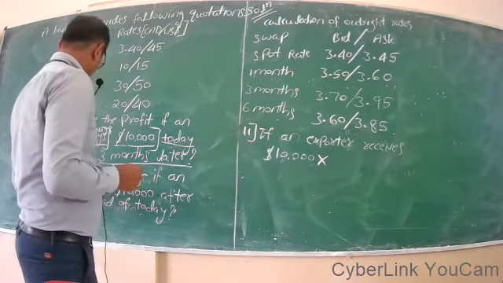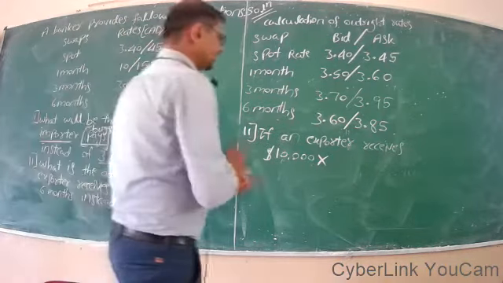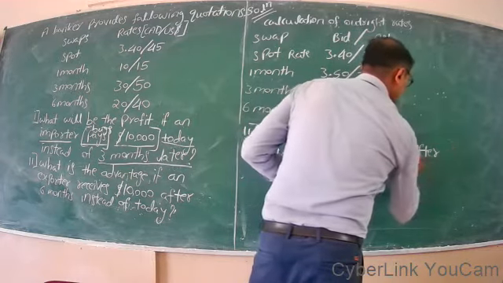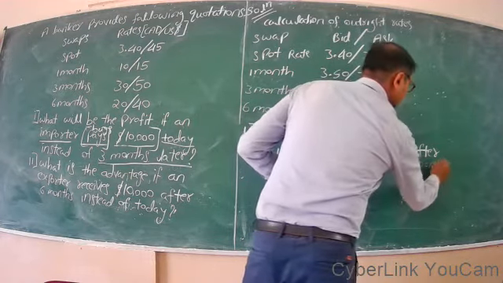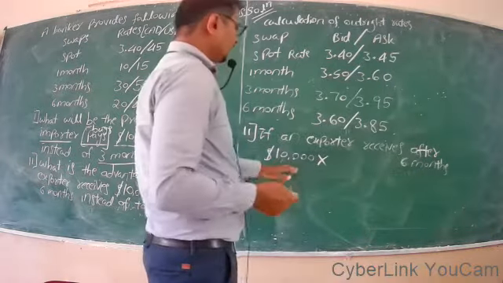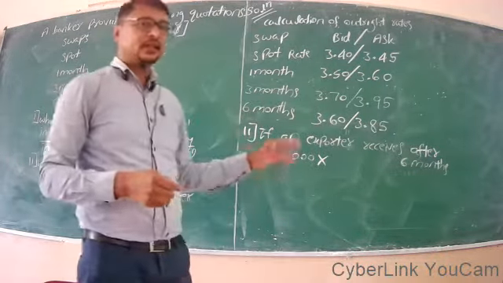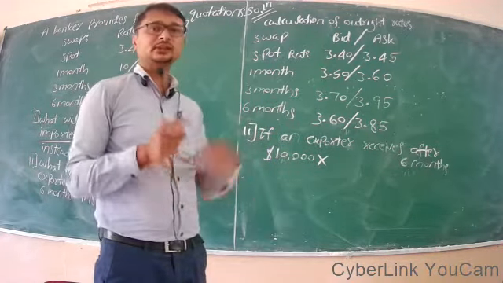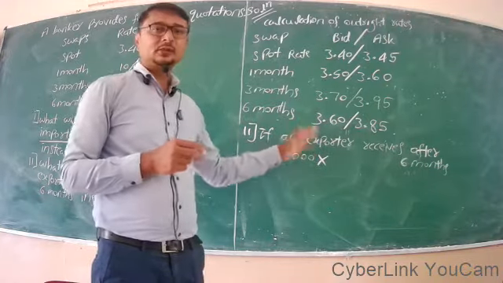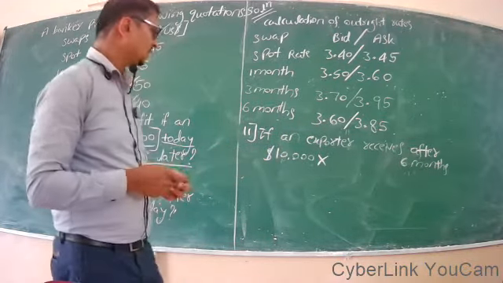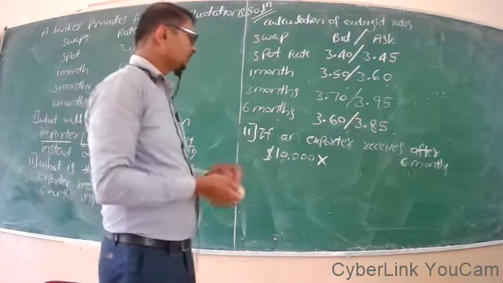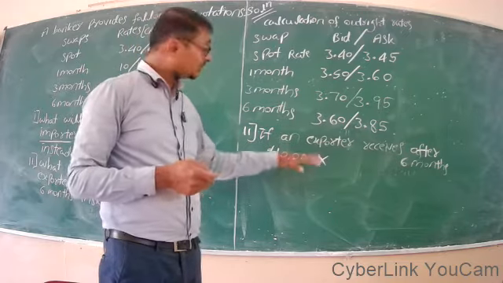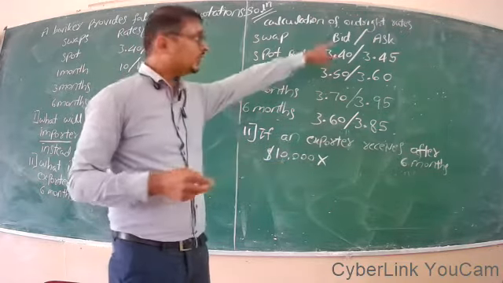What is the advantage if an exporter receives 10,000 after 6 months? In this problem, a Canadian exporter has received 10,000 US dollars after 6 months for goods being exported. After 6 months, he has to convert it to Canadian dollars. To convert it, he is going to sell it to the banker.